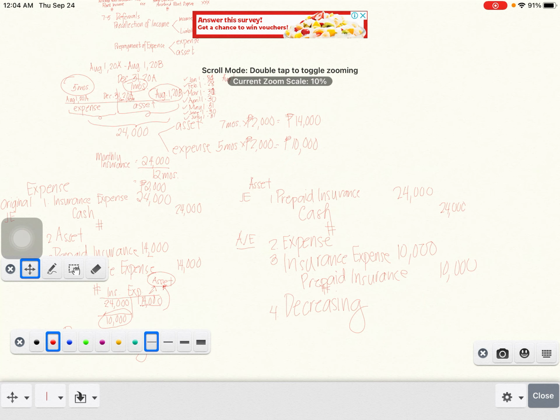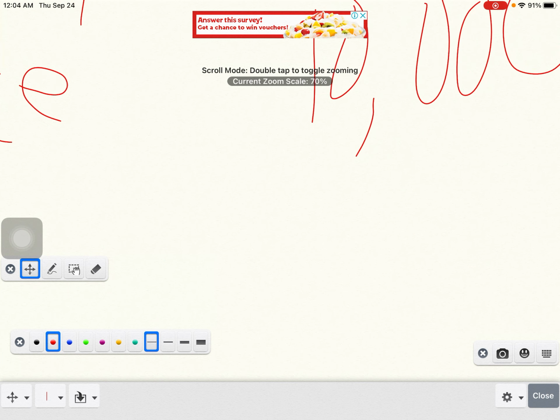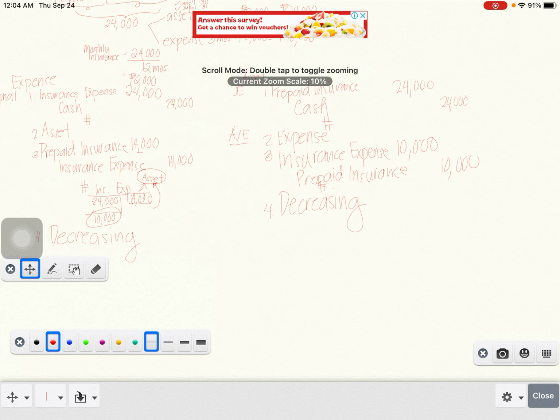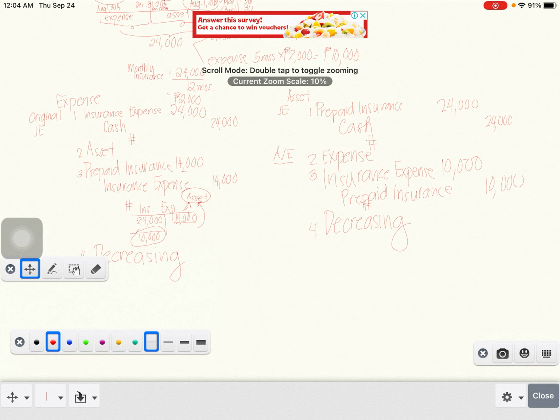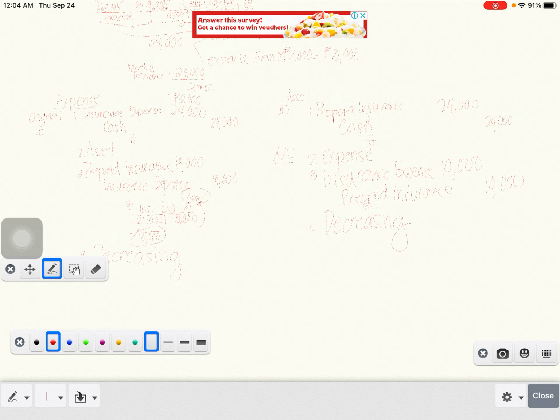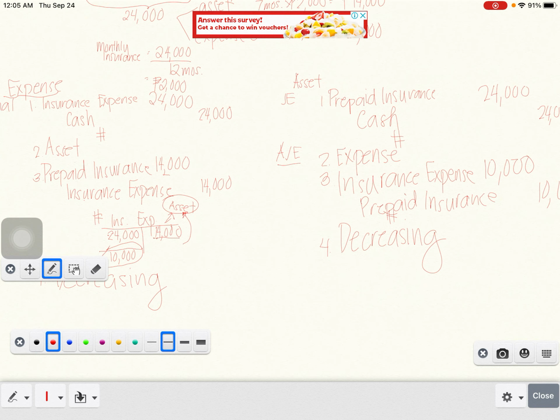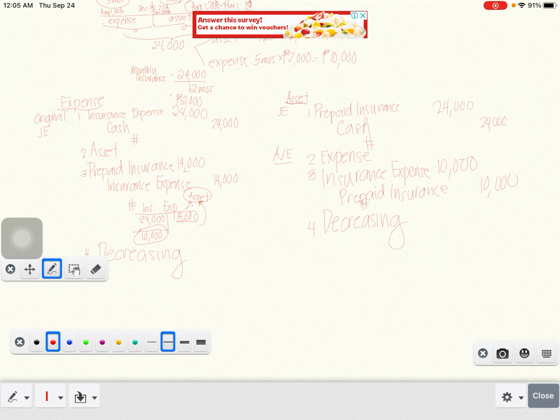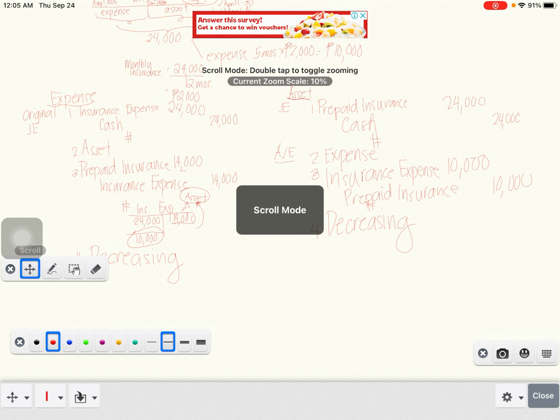So see the difference? So this is the expense method. And this is the asset method. So if you have noticed, the original journal entry in the expense method, you will use the expense account. In the asset method, you will use the asset account.